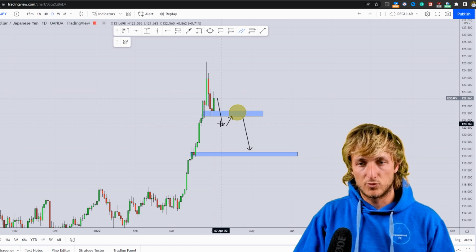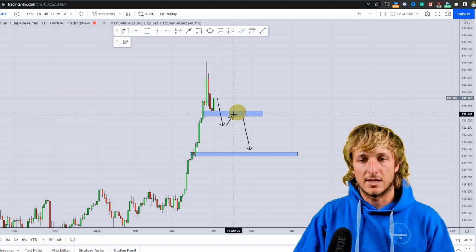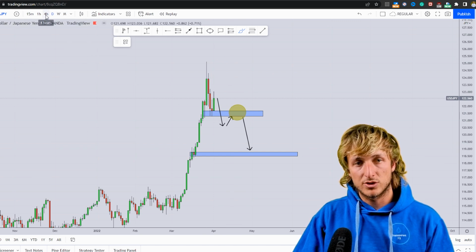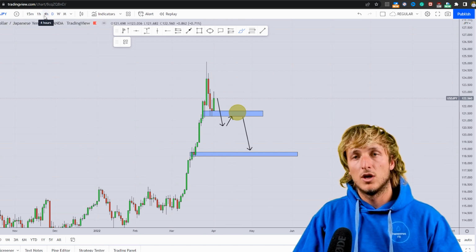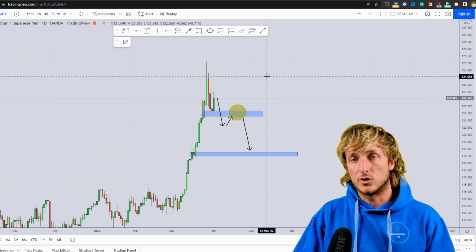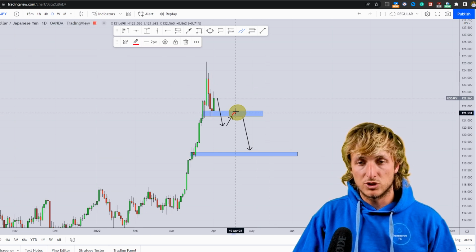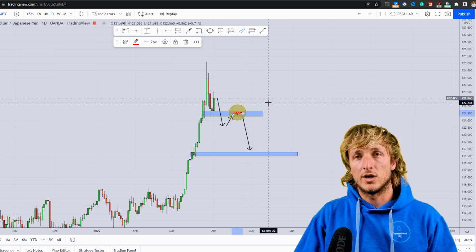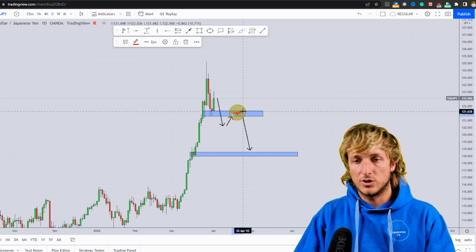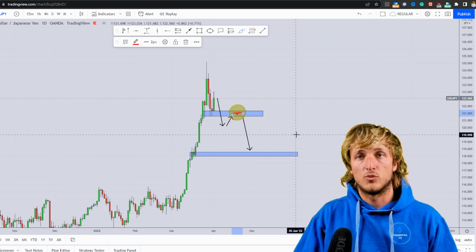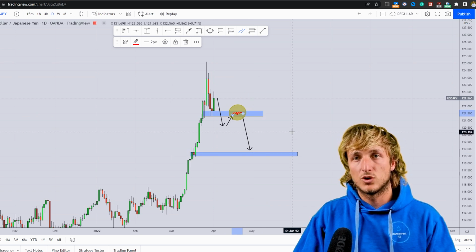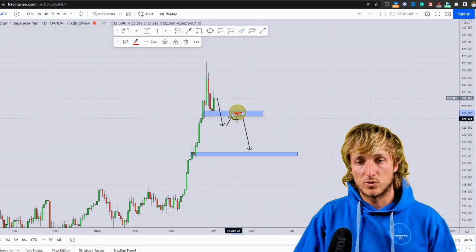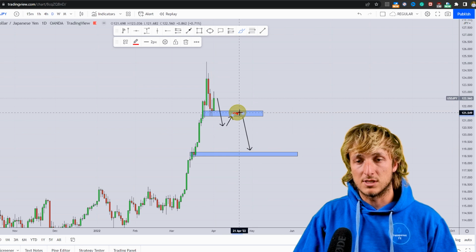So if we get a successful break, after the break on the retest, inside of here, we would be monitoring price action from an intraday perspective, 4 hour and lower, which are the best time frames when it comes to the confirmations. And if the market would shift from an intraday bullish to a bearish market and provide to us one of our valid entries, only at that point, we could be looking for a potential short with a good risk to reward and good probabilities at that point for the move to the downside if the market were to create one of our valid entries inside of this area.